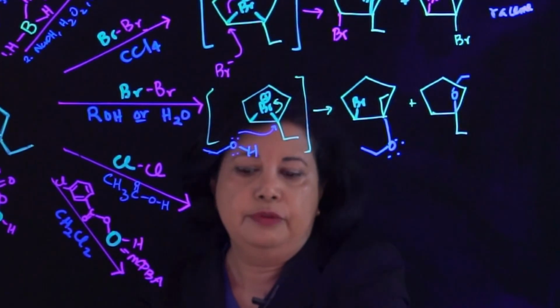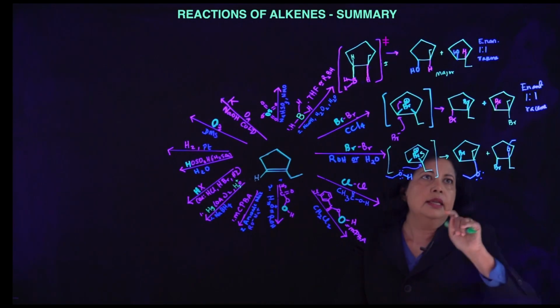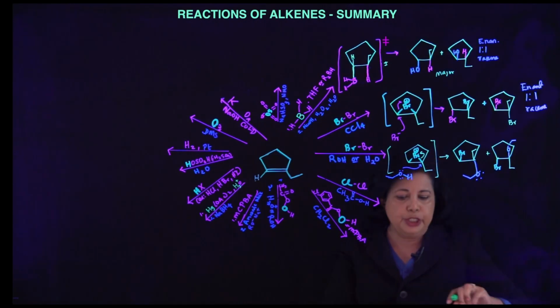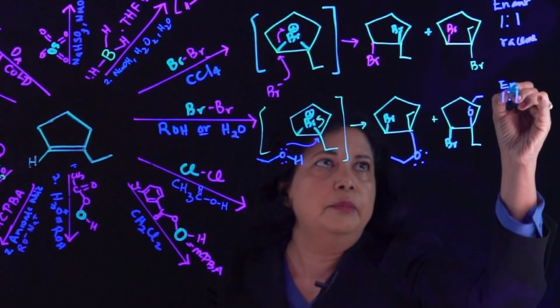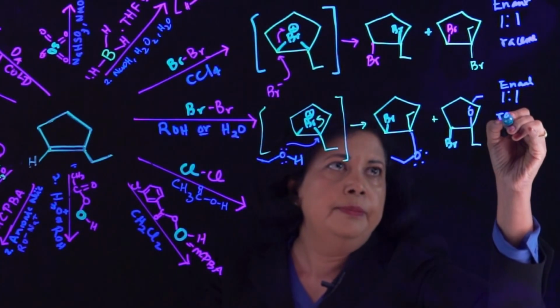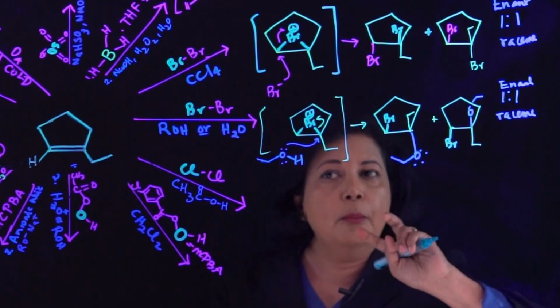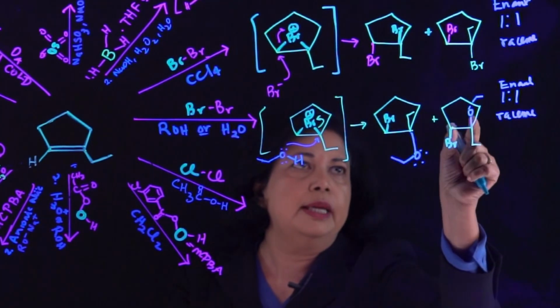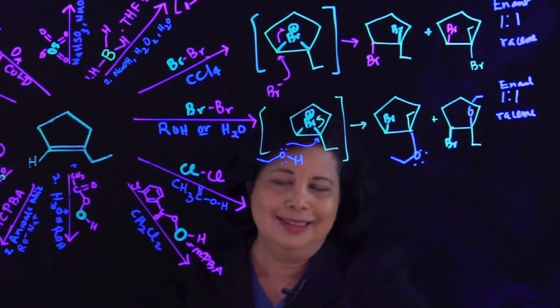And in this case, if your bromide's below, it's going to roll down below. Now these two are also enantiomers, so you'll get a 1-to-1 enantiomeric racemate. Therefore, your major would be this. Your minor, as I said before, would be your anti-Markovnikov product.